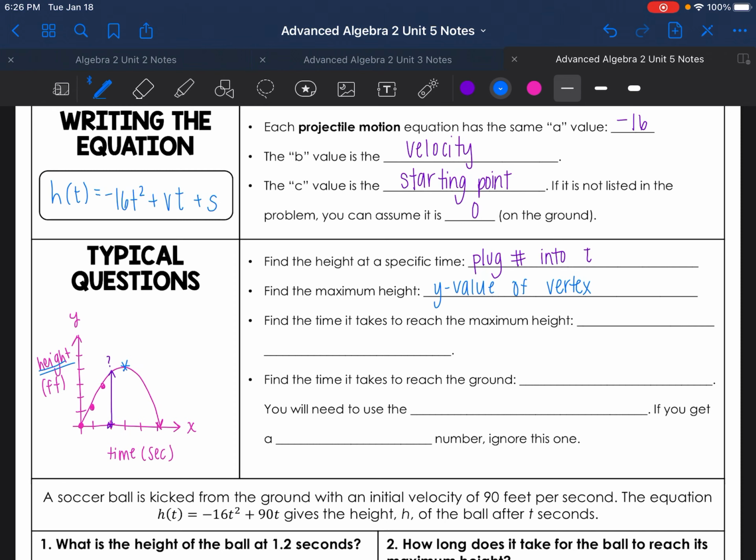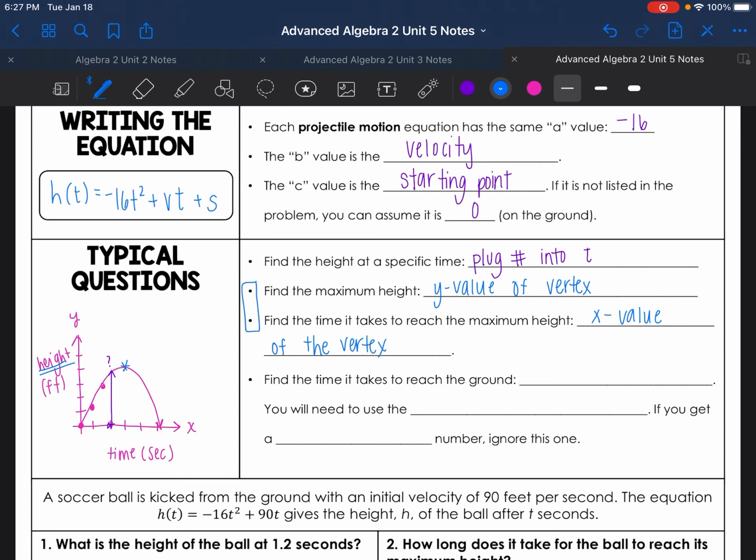If it says find the time that it takes, so how long does it take to get to that maximum height? How long does it take to reach the peak? This is the x value of the vertex.